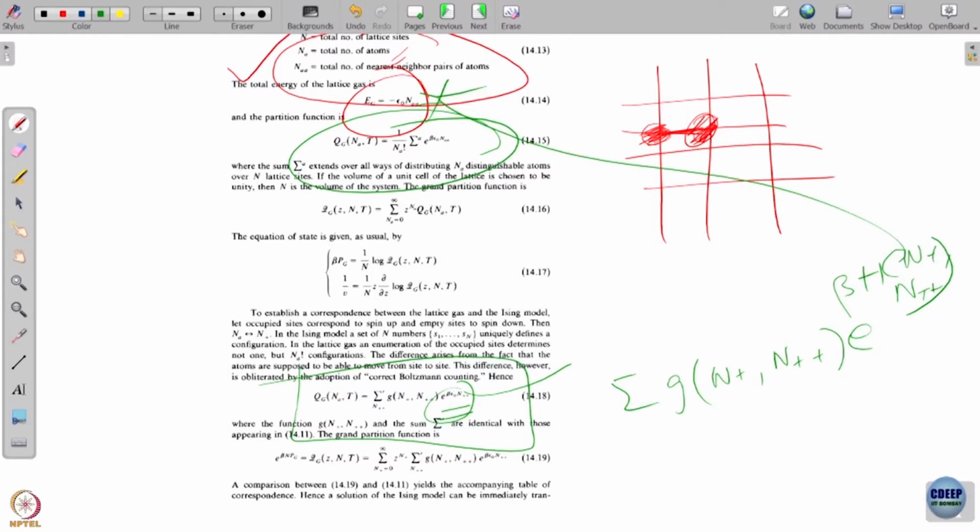So, then the number of ways of distributing n plus atoms into the N lattice sites. Now, something extremely important comes out of that. If my number of occupied atoms, my black dots or here white dots, is equal to n plus, then I know n plus minus n minus gives me the magnetization.